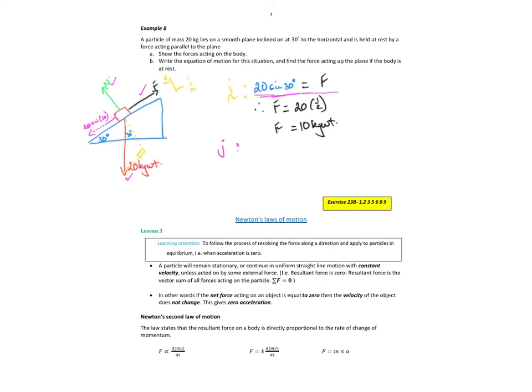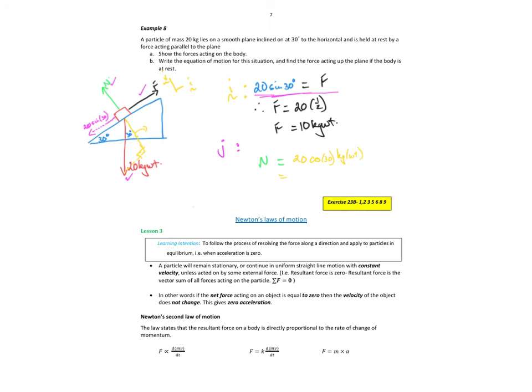If I wanted to do the J component, I've got a green normal force. Oh, where's my green gone? There it is. My green force acting up N, and that's equal to this component of the force acting down, and that's the adjacent side, which is 20 times cos 30 kilogram weight.